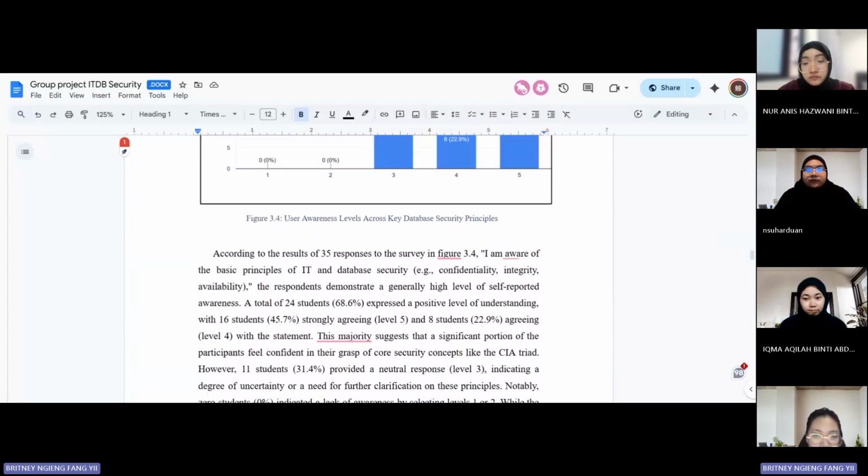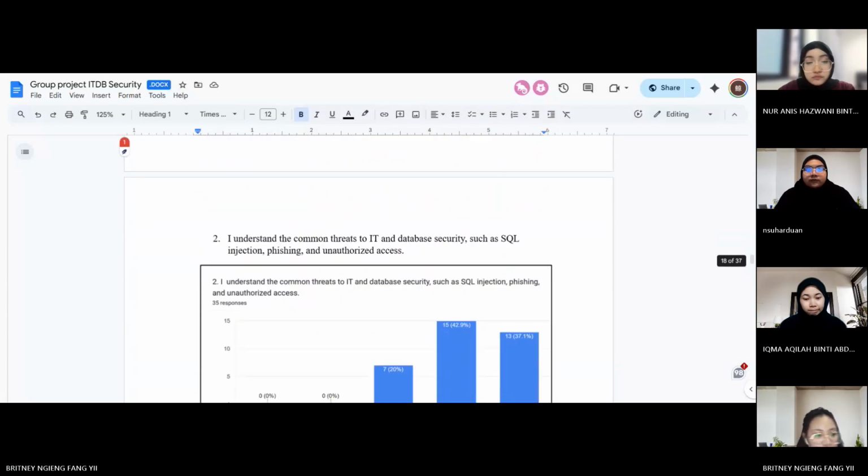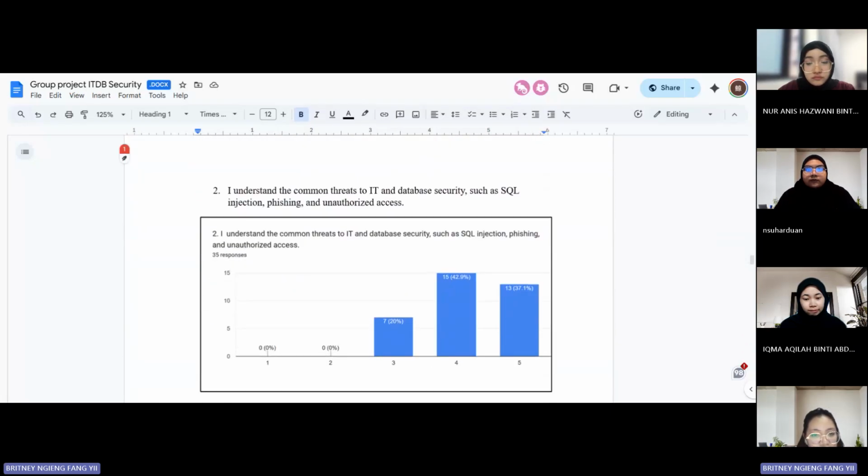So next, we are asking about their understanding of common threats to IT database security, like phishing and unauthorized access. In this survey, we gathered that 15 students, 42.9%, agree with level 4, and 13 students, 37.1%, strongly agree that they understand this specific threat.